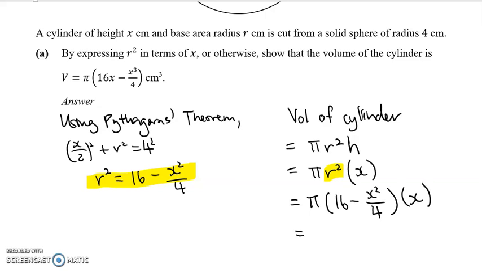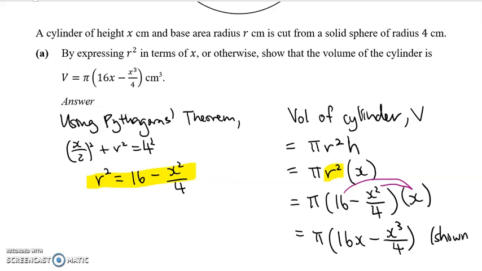If I expand this, I will get the expression that the question wants. So volume of cylinder V is pi times 16x minus x cubed over 4. This would be for part A.